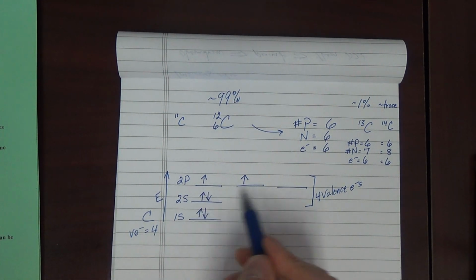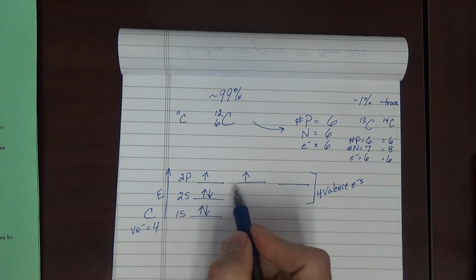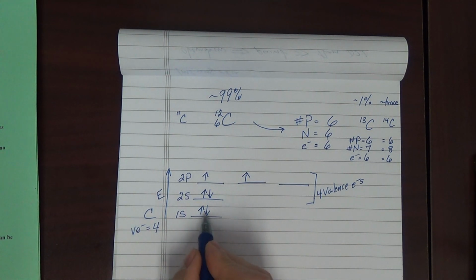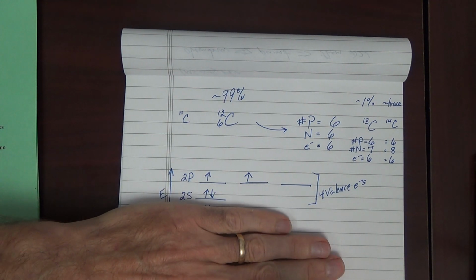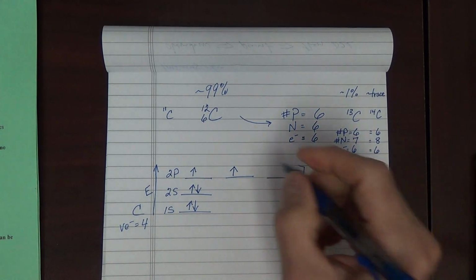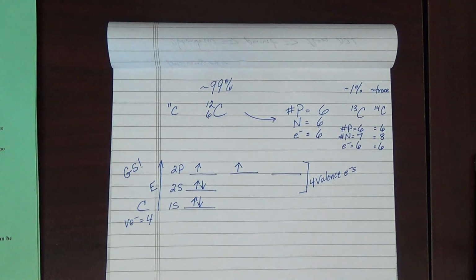Outer shell electrons. These are the electrons which we will use when we start doing bonding. The 2 subshell electrons, we'll never do anything with those. So typically we'll only talk about carbon having 4 valence electrons. Now this is ground state configuration.